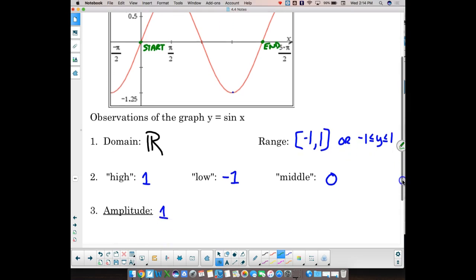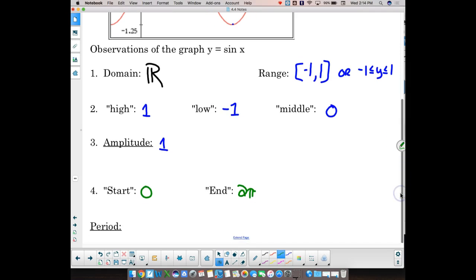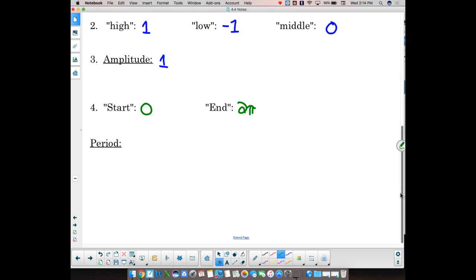So a sine curve would start at 0 and end at 2 pi, which means the period is the horizontal distance that it takes to make one complete wave. Okay? That means the period would be 2 pi. How long it would take to make one complete wave on our graph.